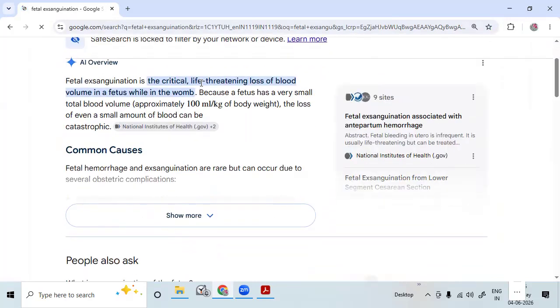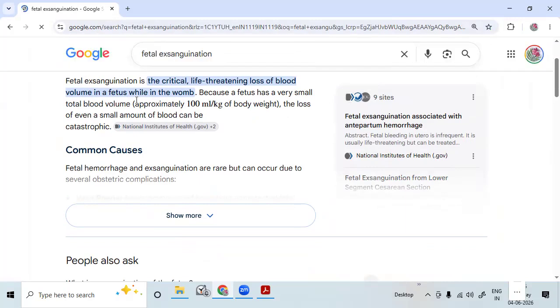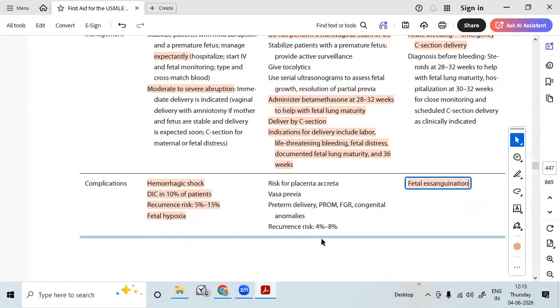It is the critical life-threatening loss of blood volume in a fetus while in the womb. Even a loss of only 100 ml is very small but can be catastrophic.